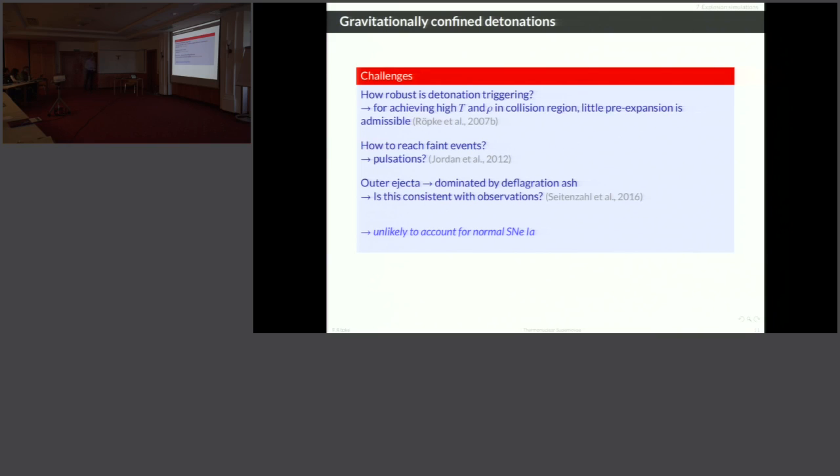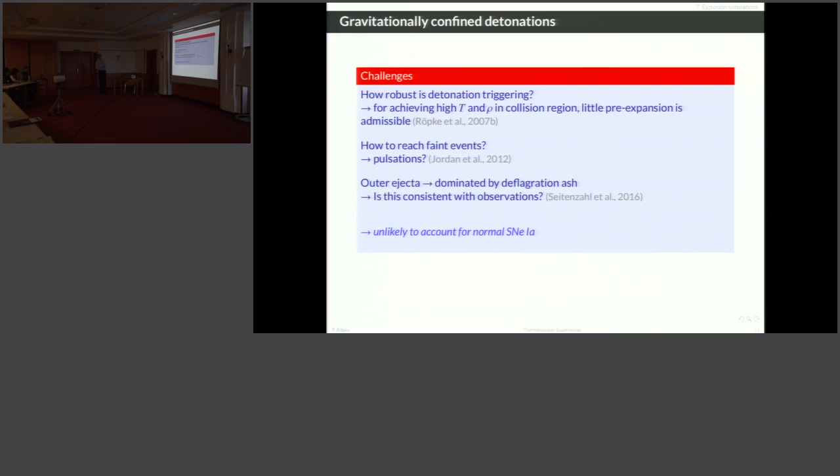Another potential problem is that from the movie you've seen before, it is clear that the inner part of the ejecta will be dominated by the ashes of the detonation, but the outer part of the ejecta will be the deflagration ash that covered the surface of the star. That means that in the ejecta you expect to have stable iron at the highest velocities, and this could be inconsistent with the observations.